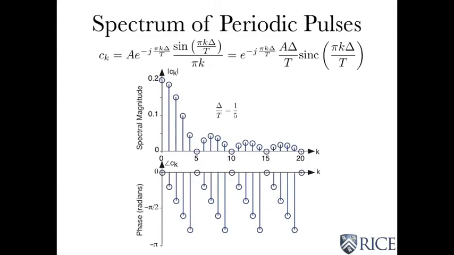Okay. So that means we can now plot our spectrum for a periodic pulse sequence. Again, I'm plotting this in terms of harmonic number, and frequency is k over T, so the T is understood. And this plot applies for this special case where the pulse width is 1/5 of the period.